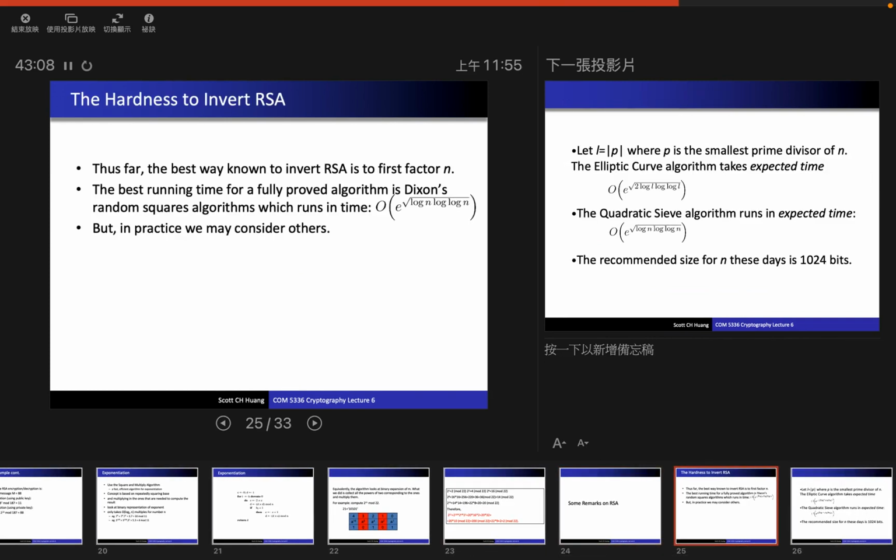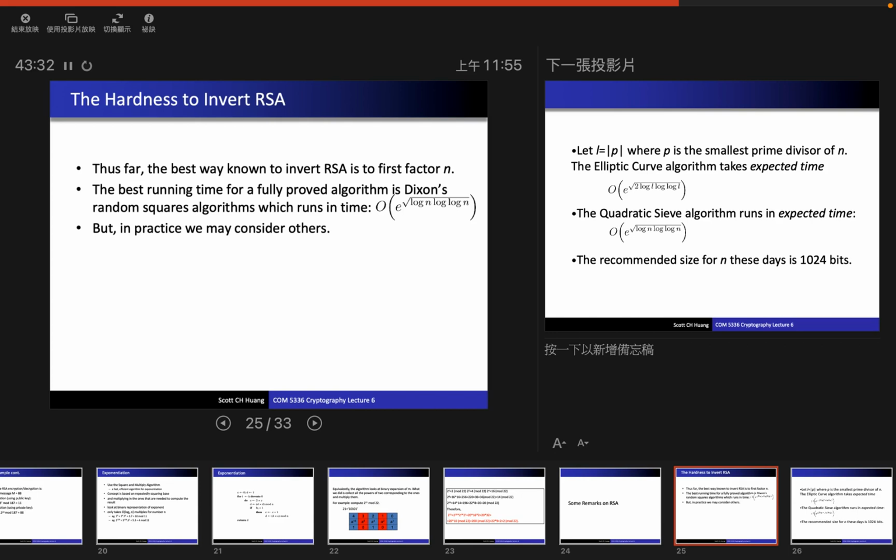So far, the only way to invert RSA, or to crack RSA, is to factorize N. Then you get P and Q. Is there a way to determine D directly without factorization? We don't know. Mathematicians don't believe so.